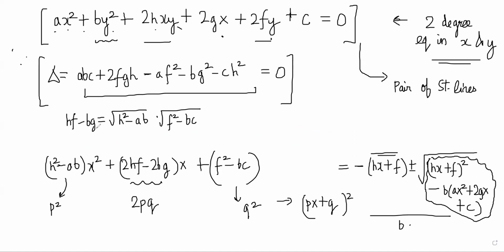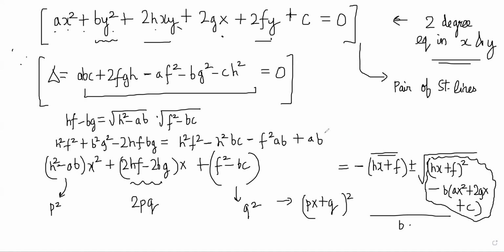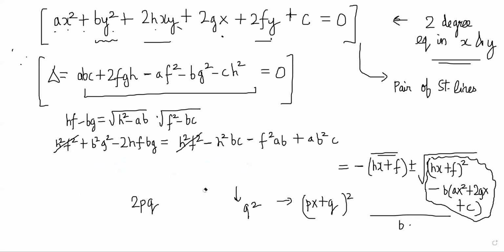If you square it, this becomes h square f square plus b square g square minus 2hfbg is equal to h square f square minus h square bc minus f square ab plus ab square c. You can see h square f square gets cancelled from both sides, and b is there in all the terms, so you can cancel one b from every term. And if you cancel one b from every term, notice what is coming.